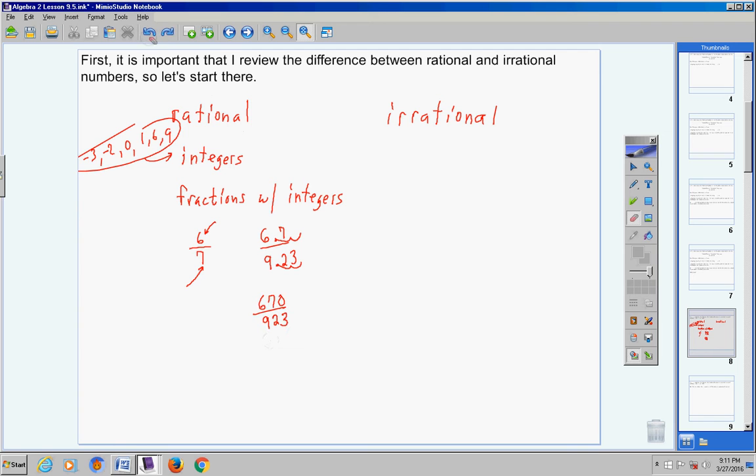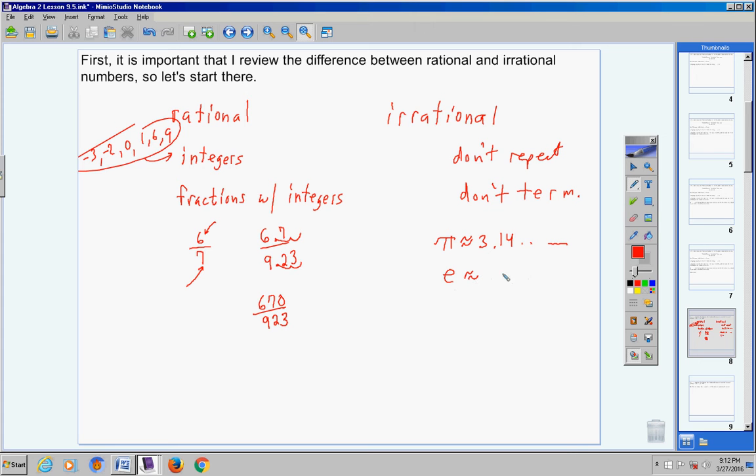It's that easy. Now, irrational are numbers that don't repeat, and they also don't terminate. And you're probably thinking, what are you talking about? Well, let me show you. Pi does not repeat and it does not terminate. It goes on and it never repeats. 3.14... The number e that we learned about earlier this year does not terminate nor does it repeat.